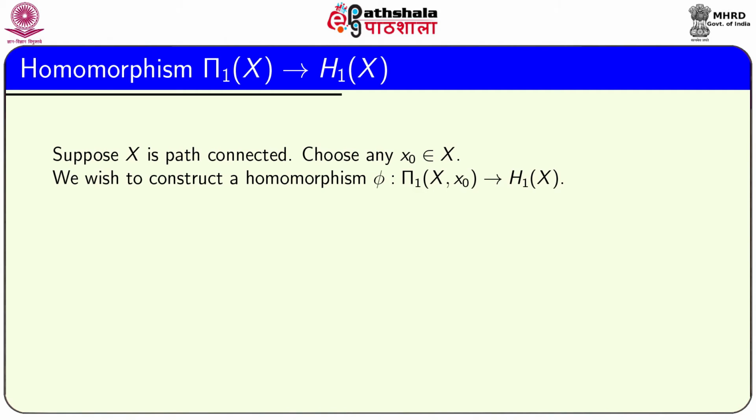So, with this we try to prove the result for path connected spaces. Suppose capital X is a path connected space. Choose any point x0 from capital X. We wish to construct a homomorphism phi from the fundamental group of X based at x0 to H1(X).